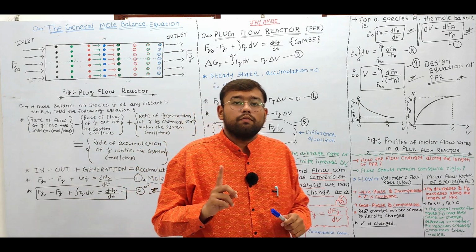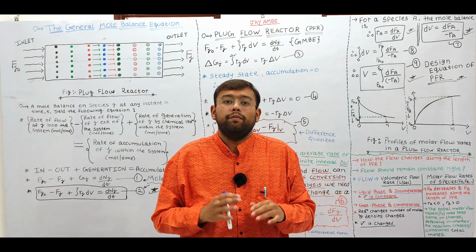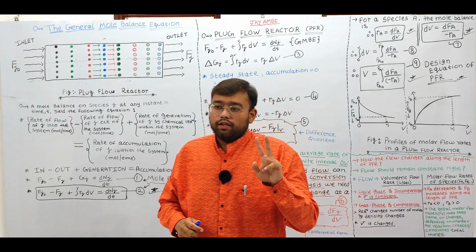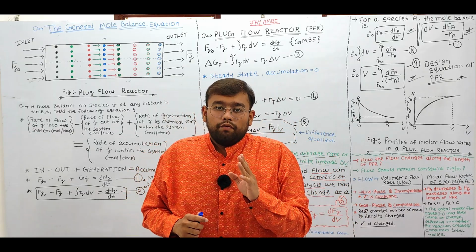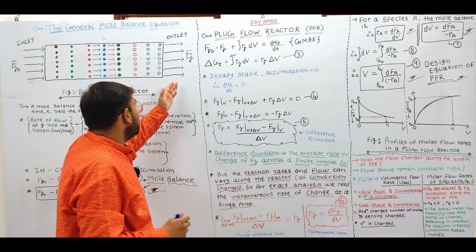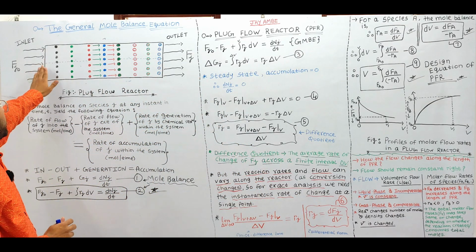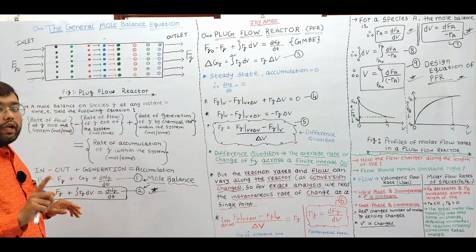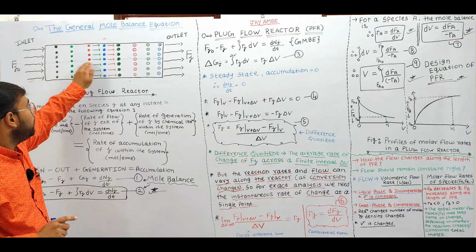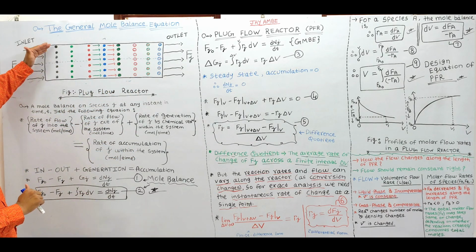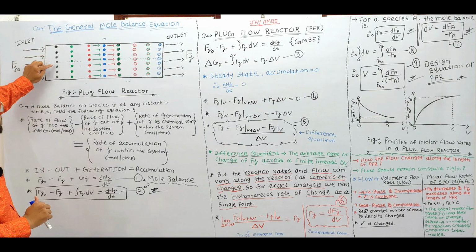The first assumption was that the ideal plug flow reactor will be operated at steady state, where the accumulation term is equal to 0. The second assumption is that the fluid exiting the plug flow reactor will not mix with the fluid entering the plug flow reactor. So there will be no axial mixing, but there will be uniform mixing in the radial direction.